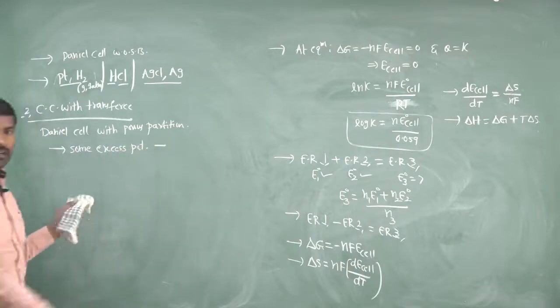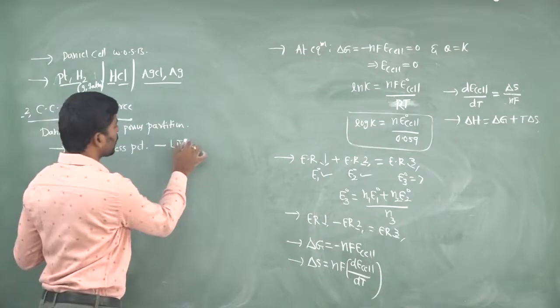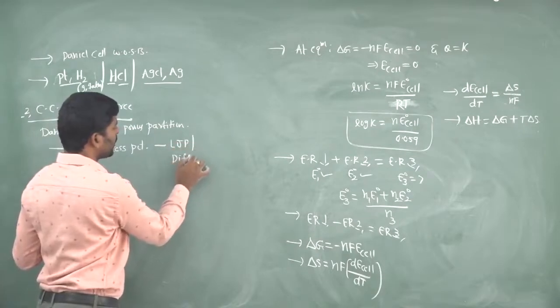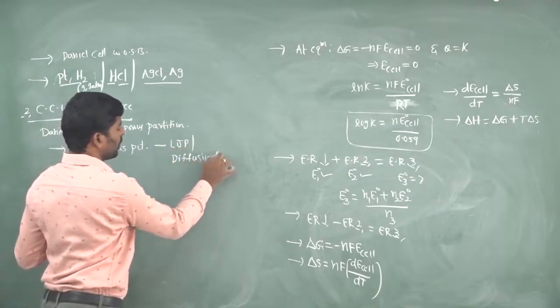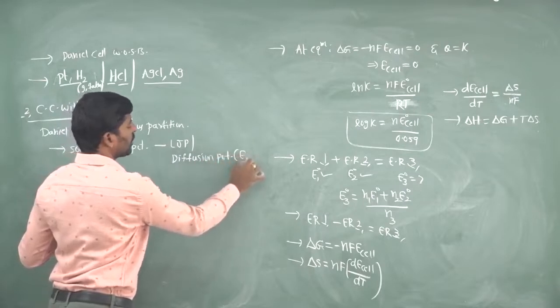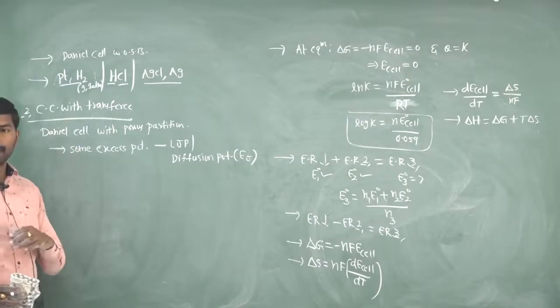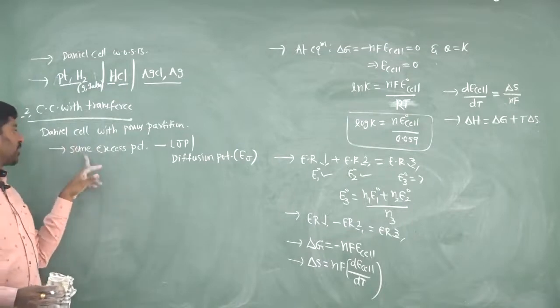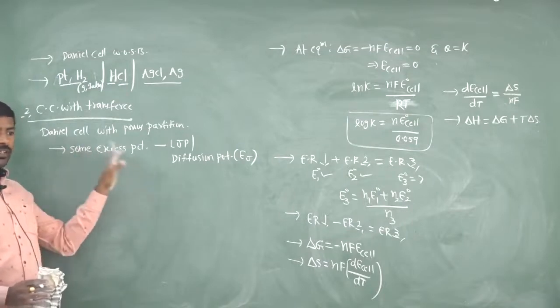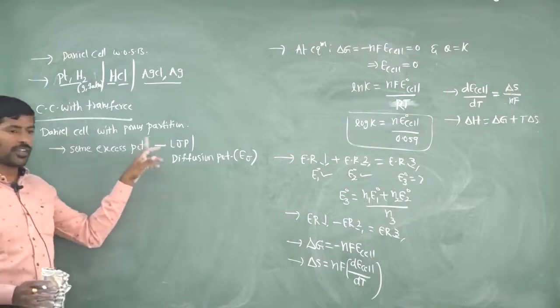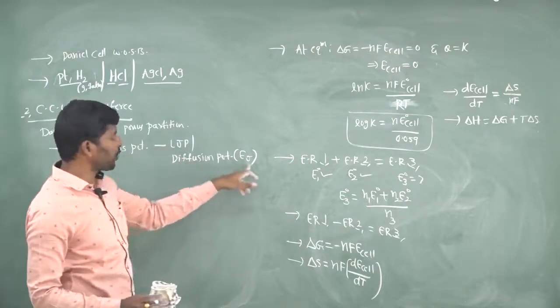That excess potential is called liquid junction potential, or diffusion potential, indicated with EJ.